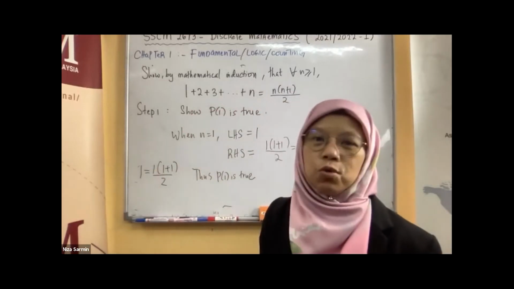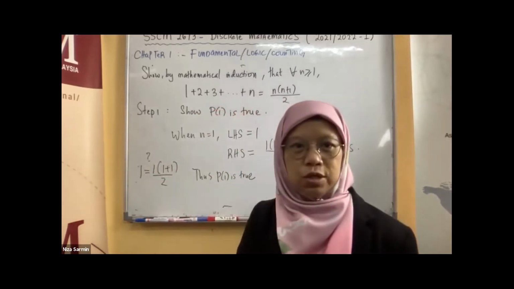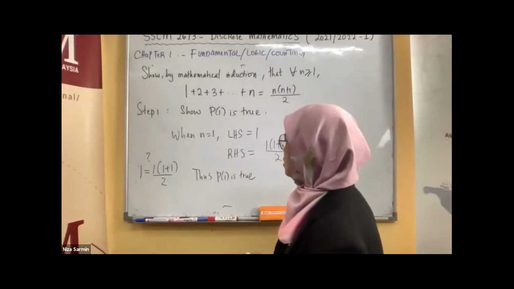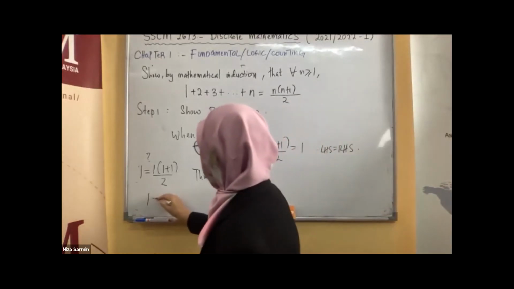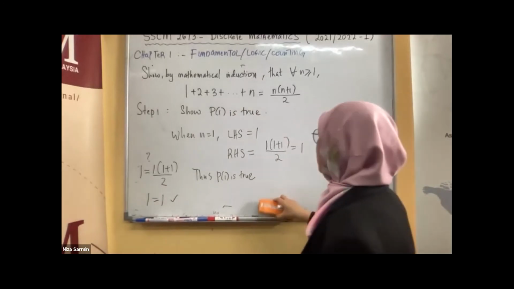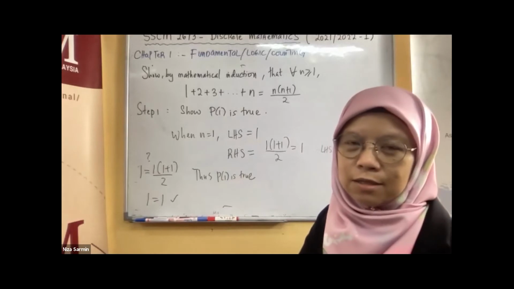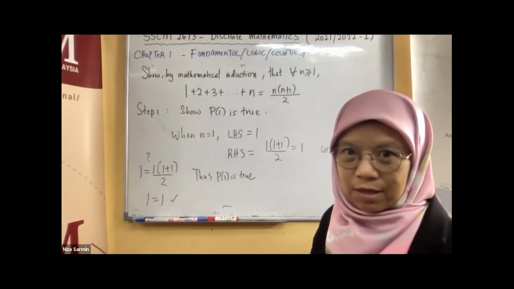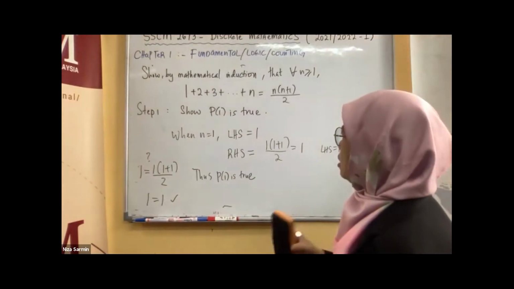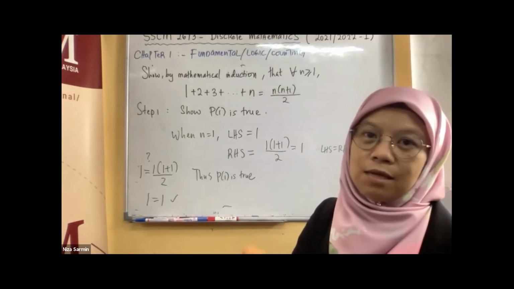You cannot just put equal in the beginning. If you want to show this, are they equal? Sometimes you put it like this, but this is the right way to write it. Calculate the right-hand side, calculate the left-hand side, and they are equal. So P1 is true. This is the first step. Always plug in n equals 1.